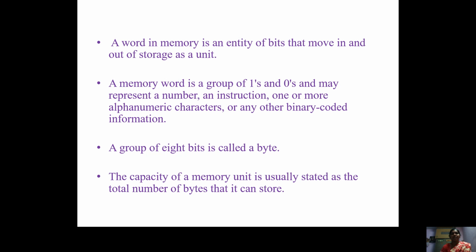A group of 8 bits is called a byte, and the capacity of a memory unit is usually stated as the total number of bytes that it can store. The capacity of memory can be given using the number of bytes it can store. If it stores 1024 bytes, its capacity is 1024 bytes.